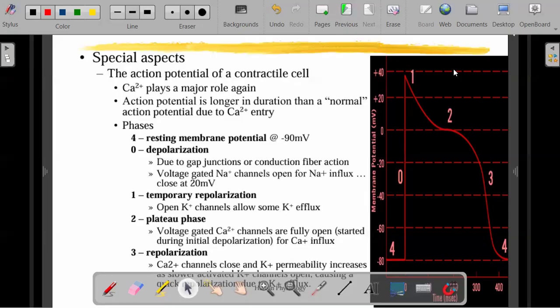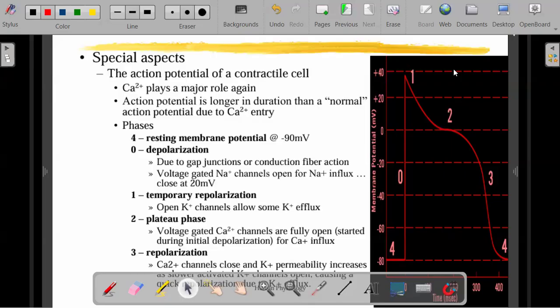No wonder the action potential duration is longer than normal. It occurs in 5 phases, ranging from 0 to 4. So we're going to try and look at the phases of the action potential of these contractile muscles.